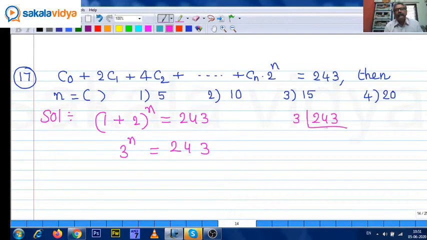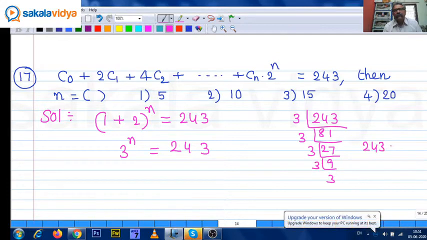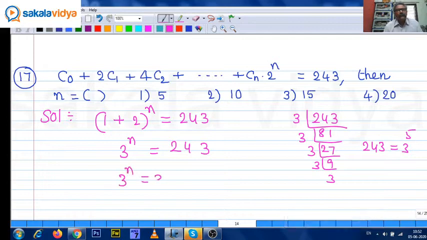Prime factorization: 81, 3 times 27, 3 times 9, and 3 times 3. 243 equals 3 raised to 5. So 3 to the power of n equals 3 to the power of 5. Therefore n equals 5. First option is the right option.